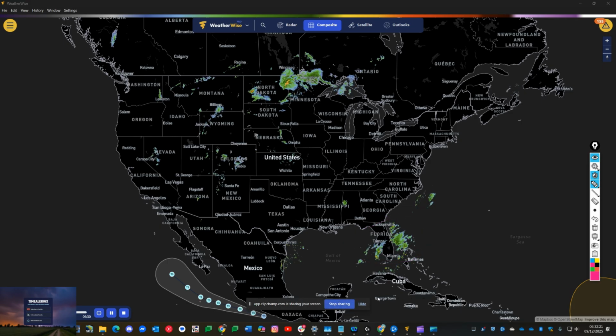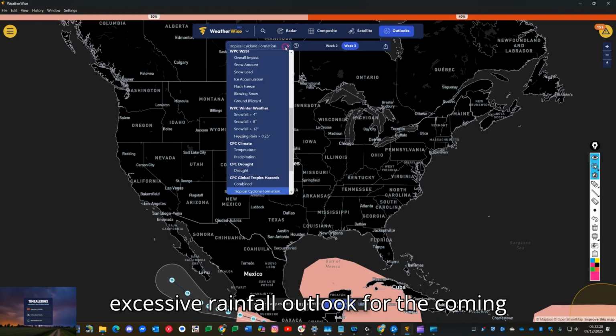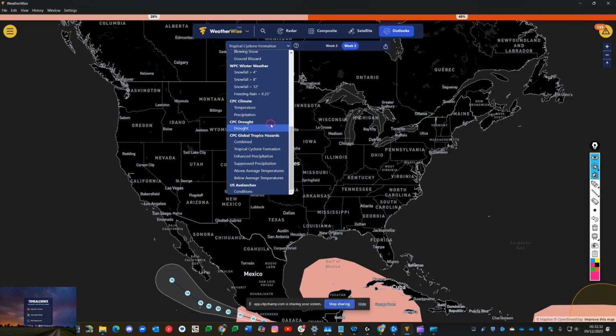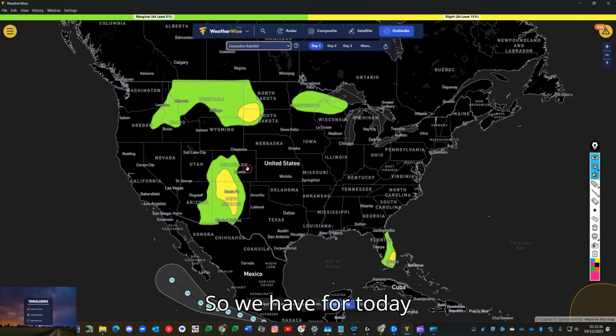So when we look at the outlooks, let's start with the excessive rainfall outlook for the coming days. For today, this is until 12Z.